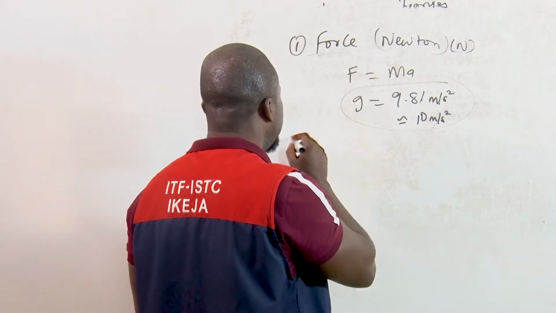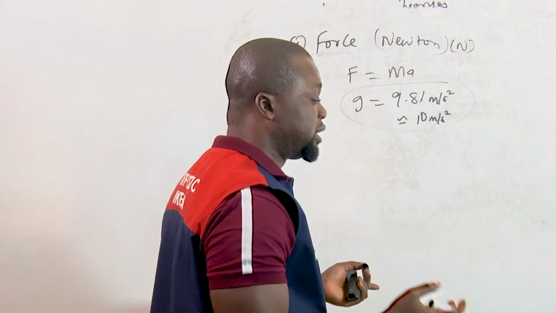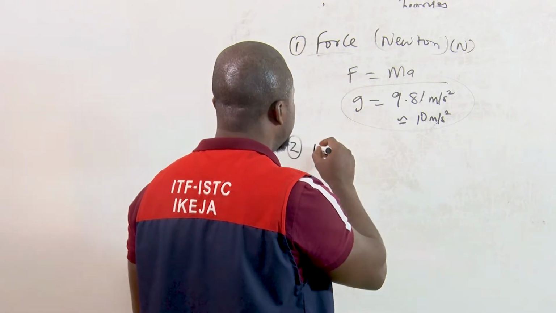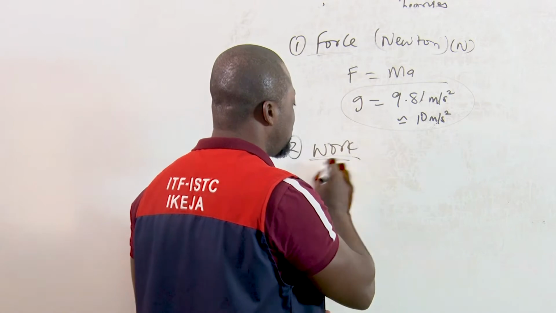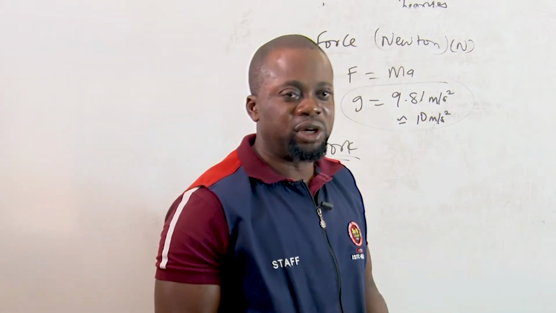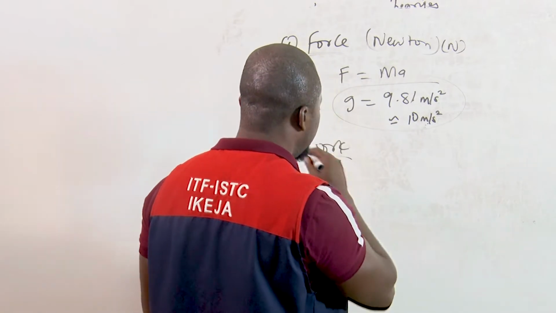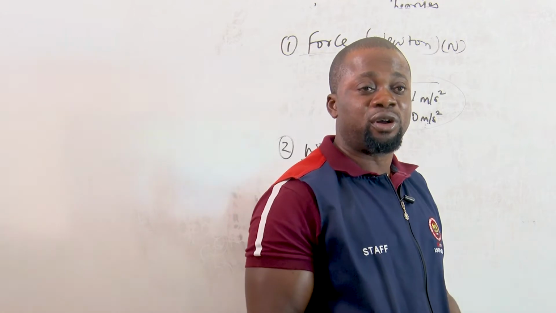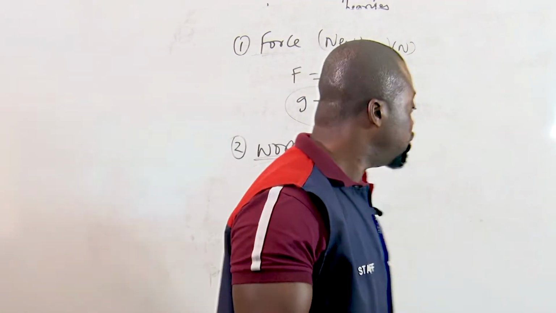Then we looked at another one. You will see more work examples and exercises in the material given, which you are going to work on. We looked at work. What is work? What is the unit of work? The unit of work or energy is in what? In joules.